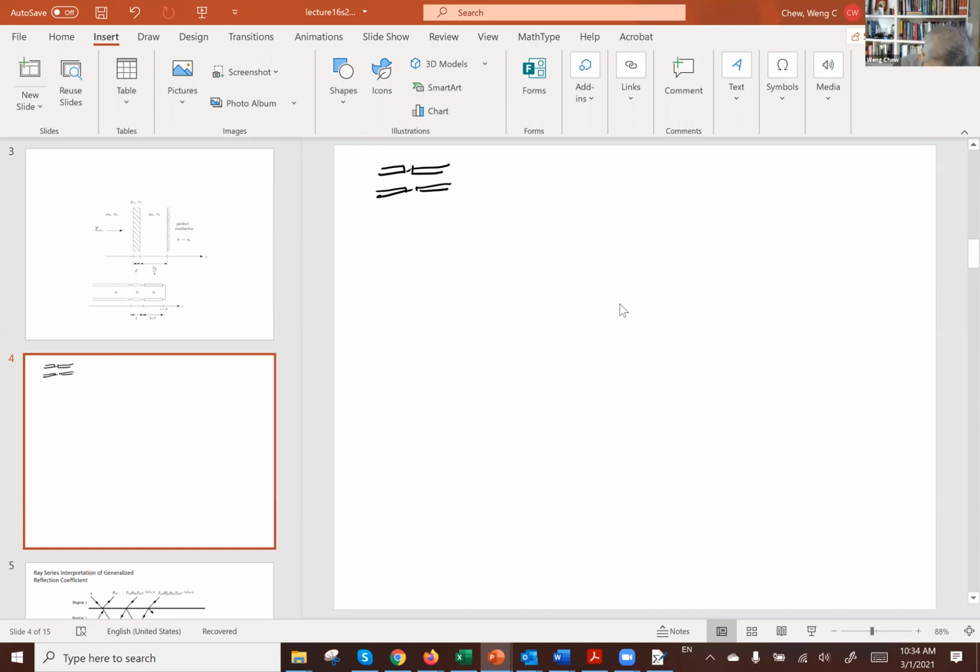you can find the reflection coefficient gamma 1,2, which is something like, if this is Z01 and this is Z02, Z01 minus Z02 over Z01 plus Z02.